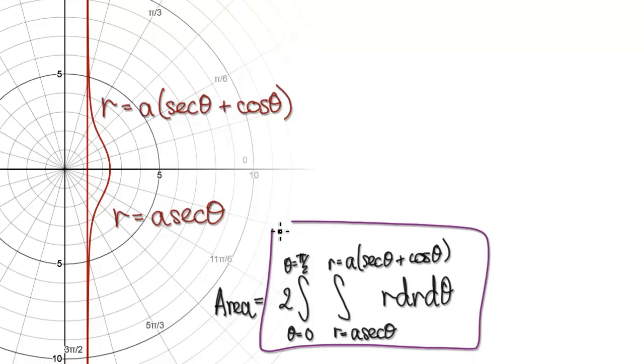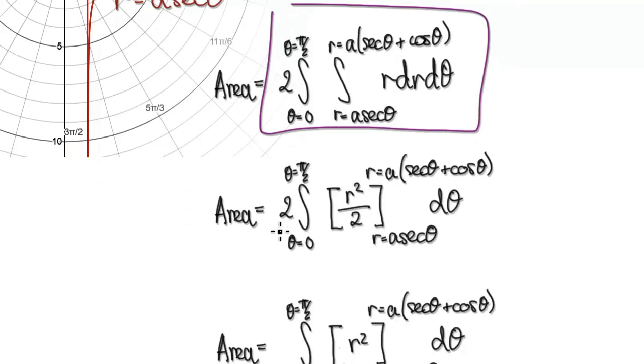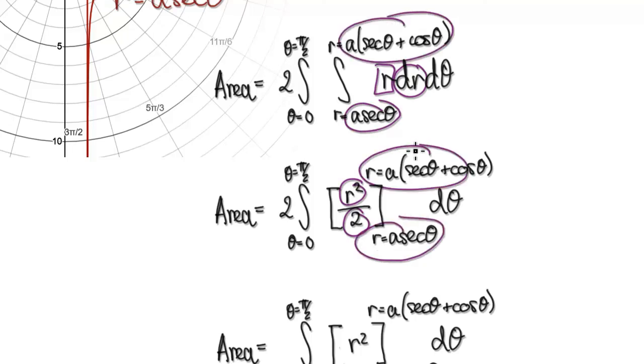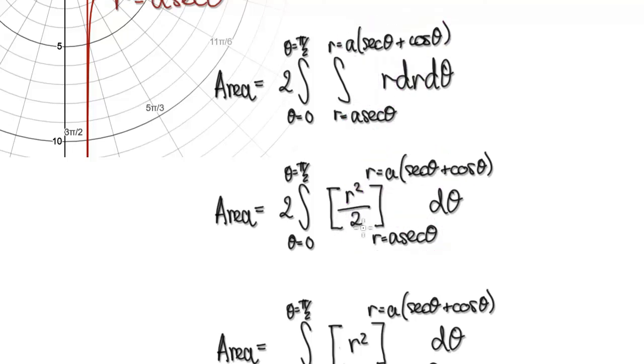So now it's just a matter of evaluating this. So this r here, integrated with respect to r, that would be r squared over 2 from here to here. Now this thing here is a constant, so take the constants out.